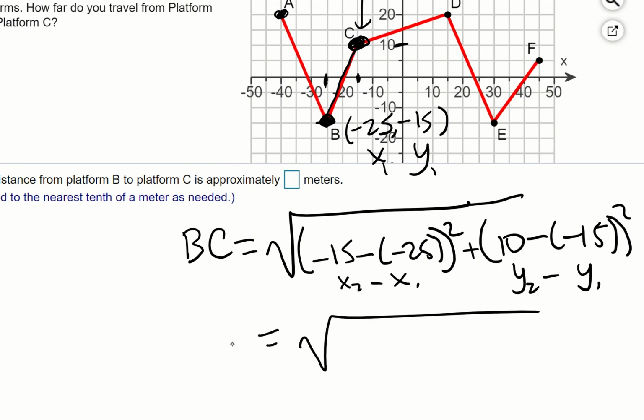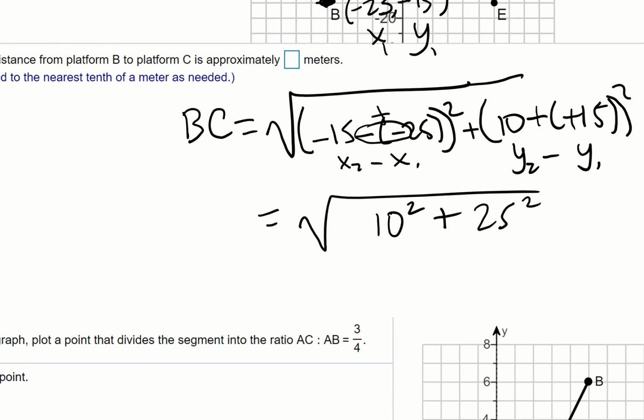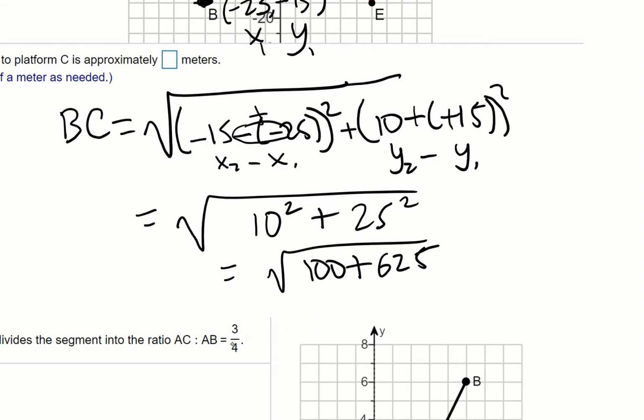So this is a double negative, so that's a positive. -15 plus 25 is 10, so we have 10 squared there. Double negative, 10 plus 15 is 25, so we have 25 squared. 10 times 10 is 100. 25 times 25 is 625. You could do that on the calculator, just do 25 squared. And add those, you get 725.